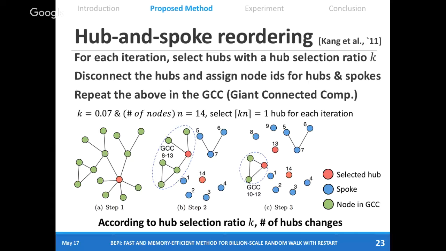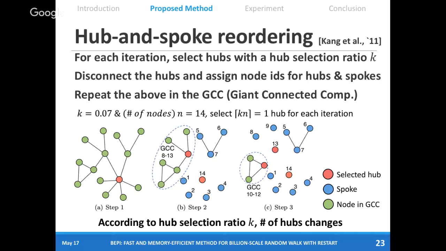In this example, k is 0.07, which is the hub selection ratio, and the number of nodes n is 14. The method selects the top k times n hubs for each iteration. In this example, k times n is 1. So at step 1, the method selects the highest degree node, like this red one, and disconnects the red node from the graph, and the graph is represented like this.